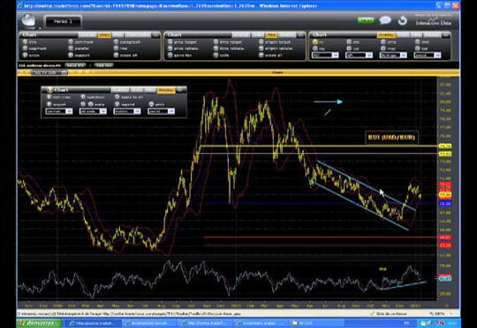Okay, so the pair is pulling back on this former resistance, and this former resistance will be a strong and key stop loss pivot point. So as long as the pair trades above 68, the outlook will be bullish.